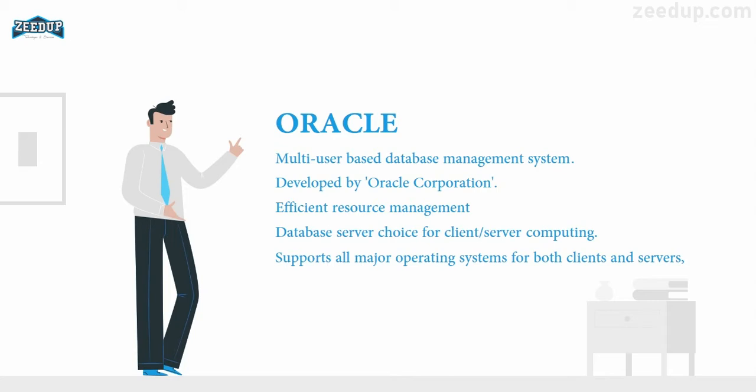It provides the facilities of efficient resource management, and a database of information among the multiple clients that helps to request and send the data in the network. It is the database server of choice whenever we are working with the client server architecture of computing. Client server architecture means one is a client who requests the resources and the server is the one who provides the resources. So whenever we are talking about this kind of architecture, then the Oracle database server is the one that is most widely used.